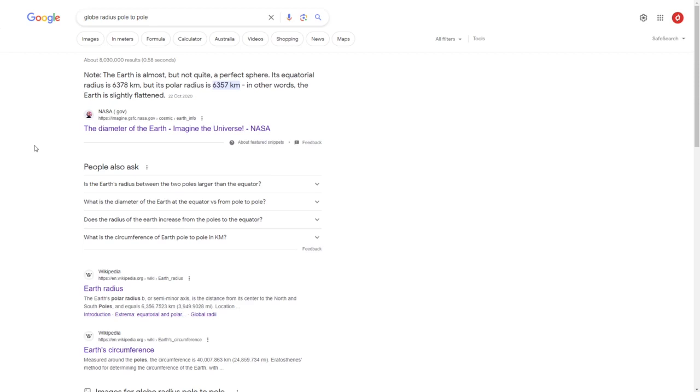So that's part one, where I wanted to find out what the actual radius was. What I want to do next is figure out how far away the moon is with these sorts of figures. And that should be part two.